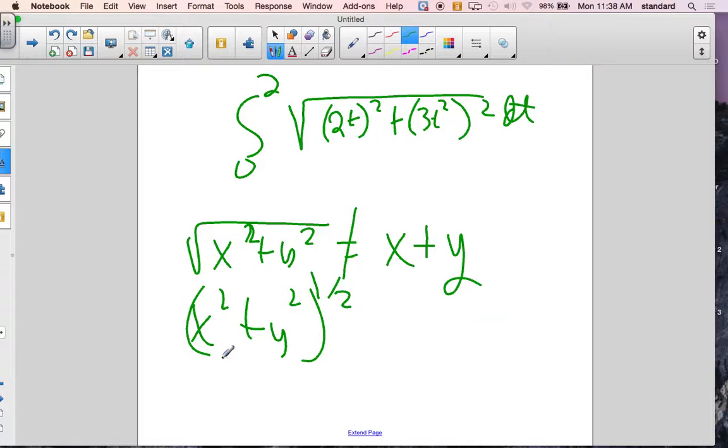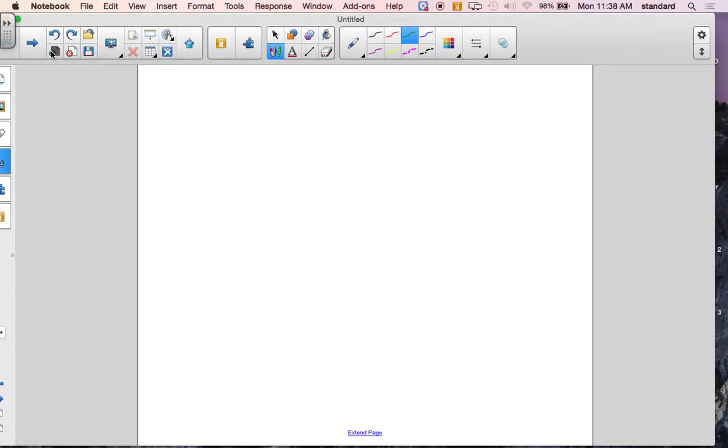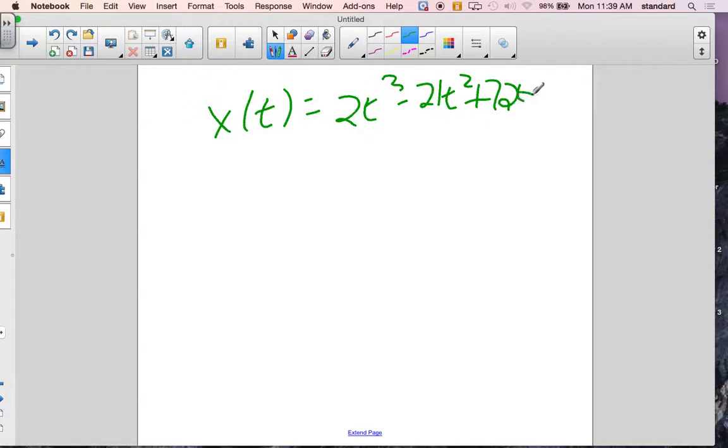Number 1, how do you think you're going to find when the particle is at rest? X of t is 2t cubed minus 21t squared plus 72t minus 53. At what time t is the particle at rest?